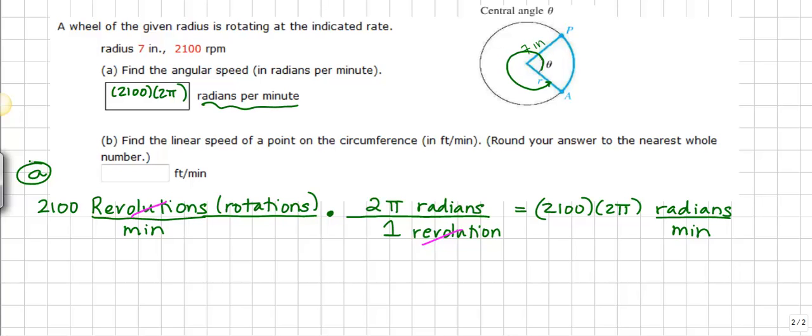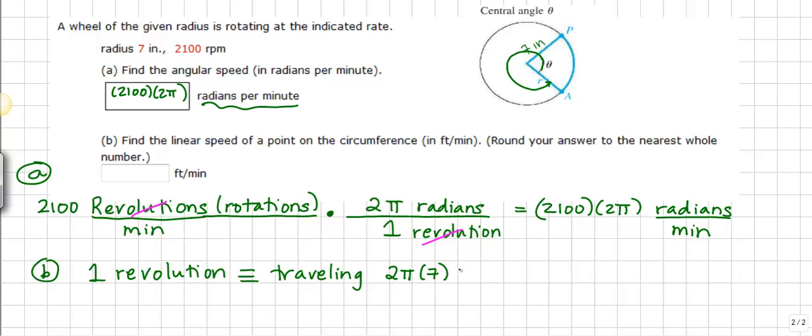Now part B is linear speed. So again, using the premise that I told you earlier, if I make one full rotation or one full revolution, then that's going to be equivalent to traveling 2 pi times the radius, or the circumference of the circle, and this would be in inches because r is in inches.